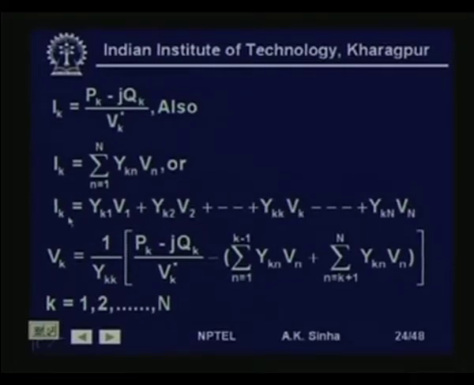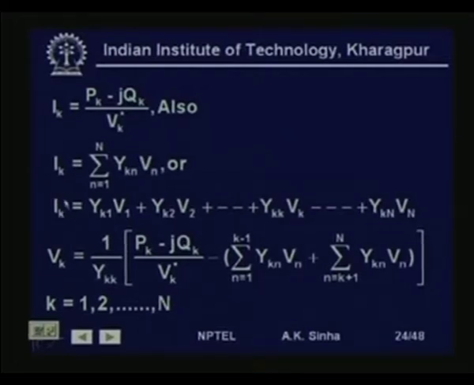And we know I k is equal to this. So, we can write I k is equal to Y k1 into V 1 plus Y k2 into V 2 and so on up to the nth. Now, here what we can do is, except for this element Y kk into V k, the rest of the elements we take on this side.